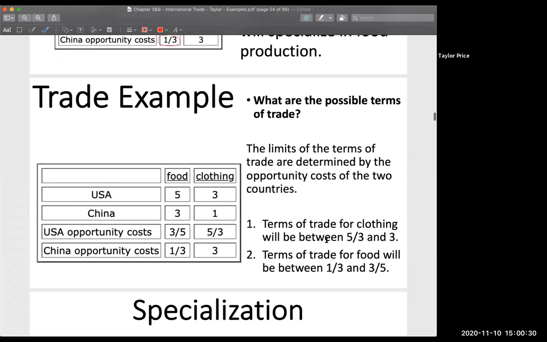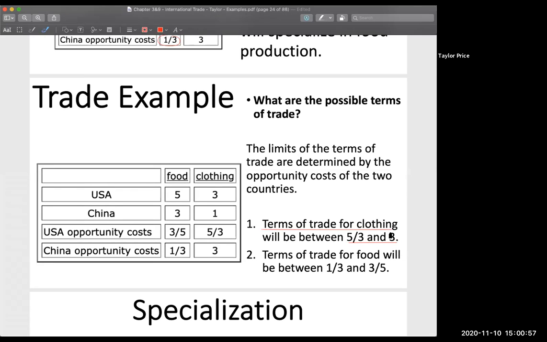So the next piece is how do you determine the possible terms of trade, which is what you were getting at. When you're thinking about terms of trade, the easiest way to think about it is that the terms of trade for each item have to be in between these two numbers. So for clothing, it has to be between 5/3 and 3.